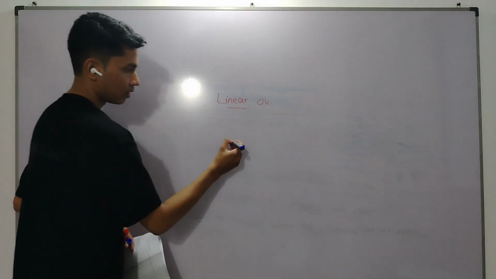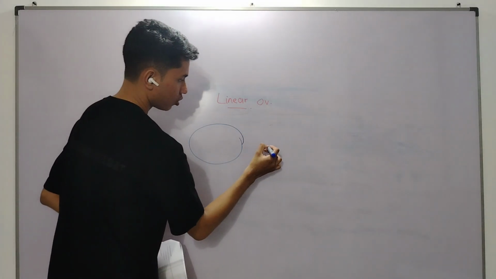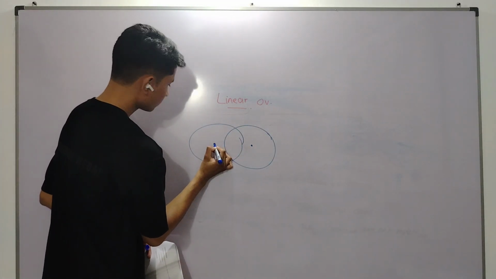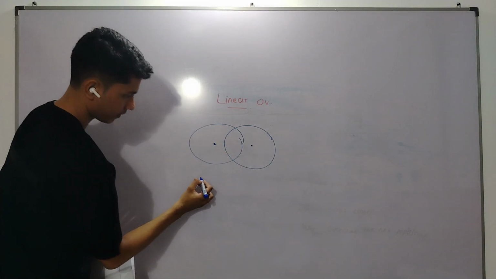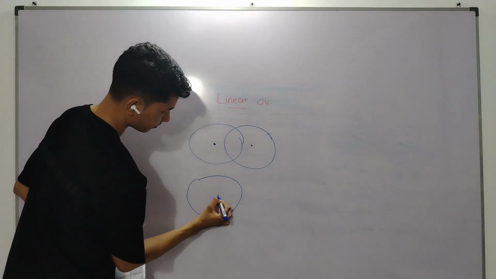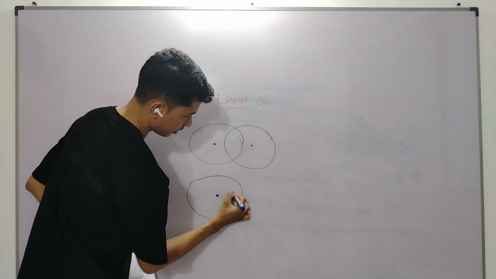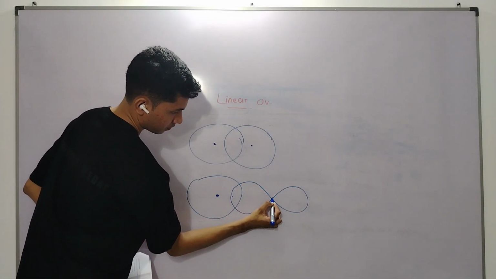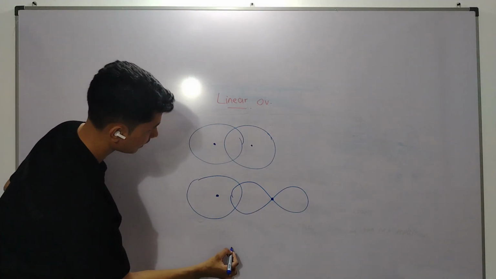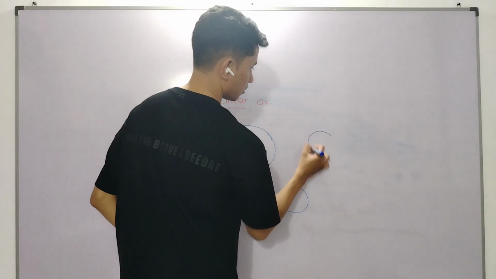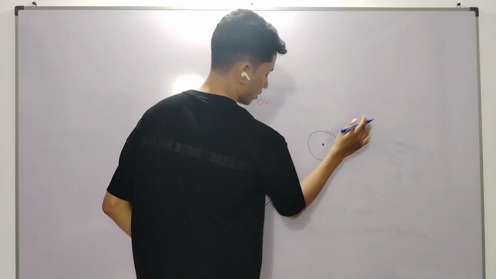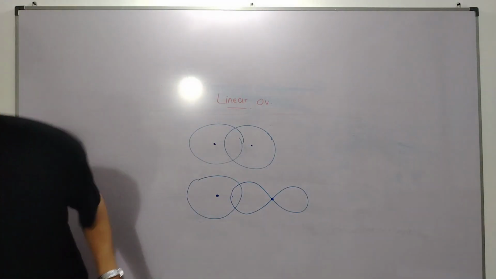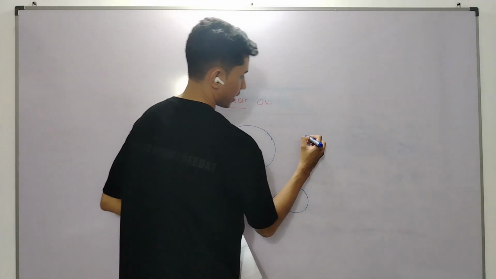Now let's say there are two s orbitals like this. This is the nucleus. There is one s orbital and one p orbital, and two p orbitals like this.